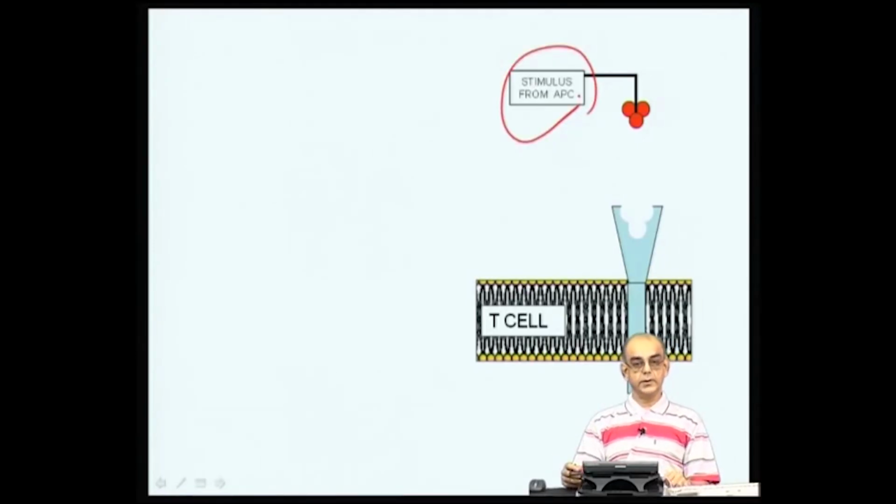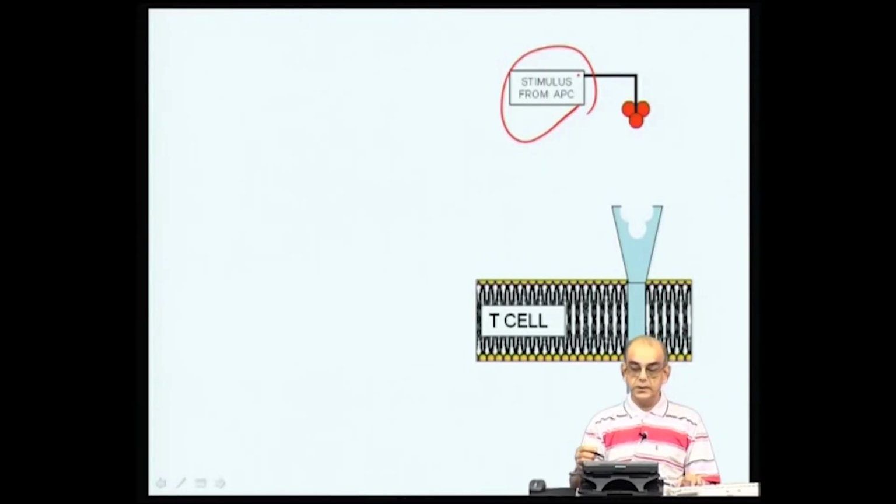We did not categorize this as anything, but we mentioned this as a stimulus that is coming from an antigen presenting cell or APC. The following classes that come later on are actually dealing with this particular stimulus.